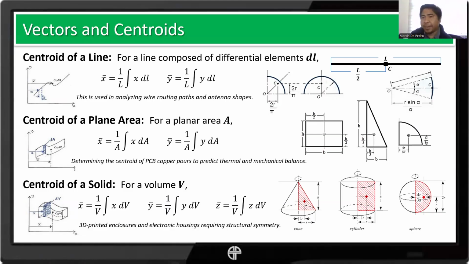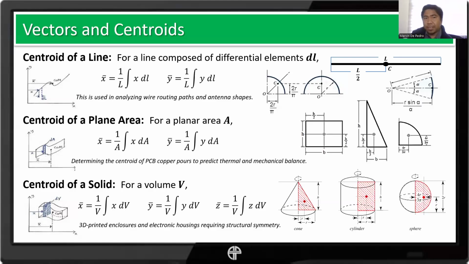But if it's a curve, then things can get complicated. In terms of a line, the centroid could be outside of the line, especially for curves like circles, arcs, and other irregular curves.